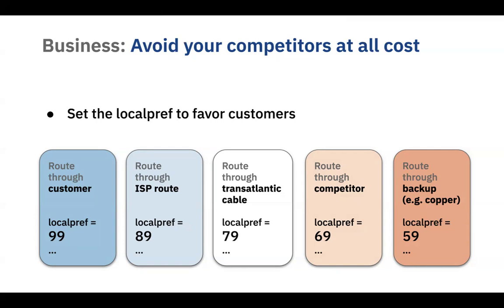We will set something lower for our own routes, and an even lower number for expensive links. And we will put backup links at the lowest preference because those are the most expensive to operate.